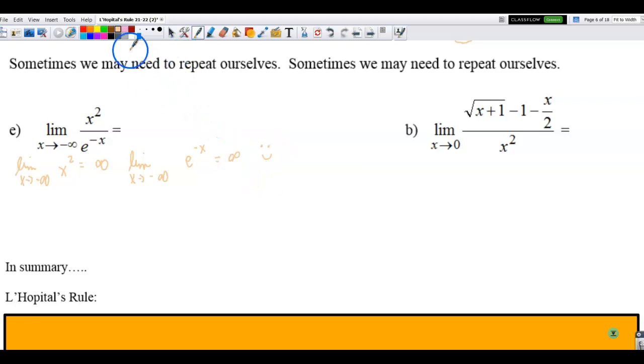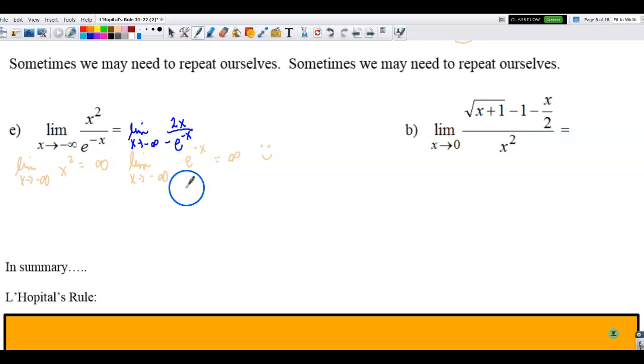So L'Hopital says, all right, we're going to find the limit as x goes to negative infinity, derivative of the numerator, 2x, over derivative of the denominator, e to the power, times the derivative of the power.